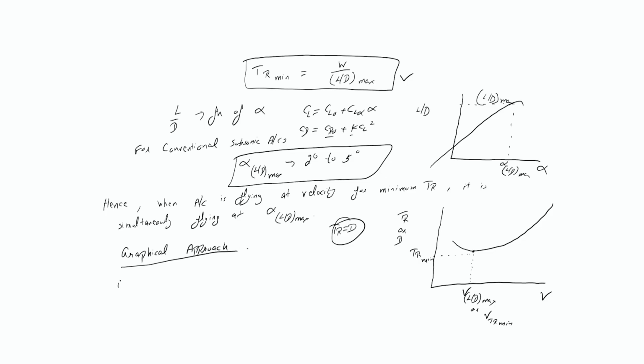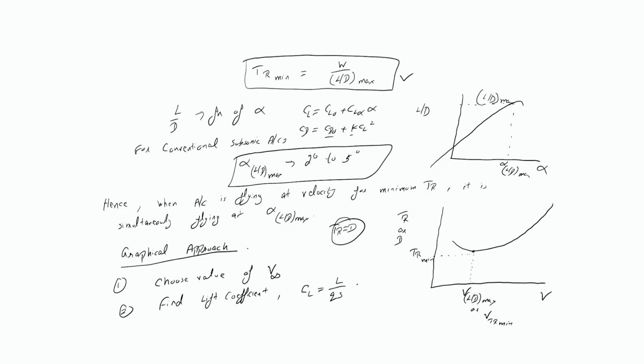What we do is, first we select some random velocity. Choose a value of free stream velocity, V infinity. Once you have V infinity, we can find the lift coefficient. Remember, CL equals L by QS.